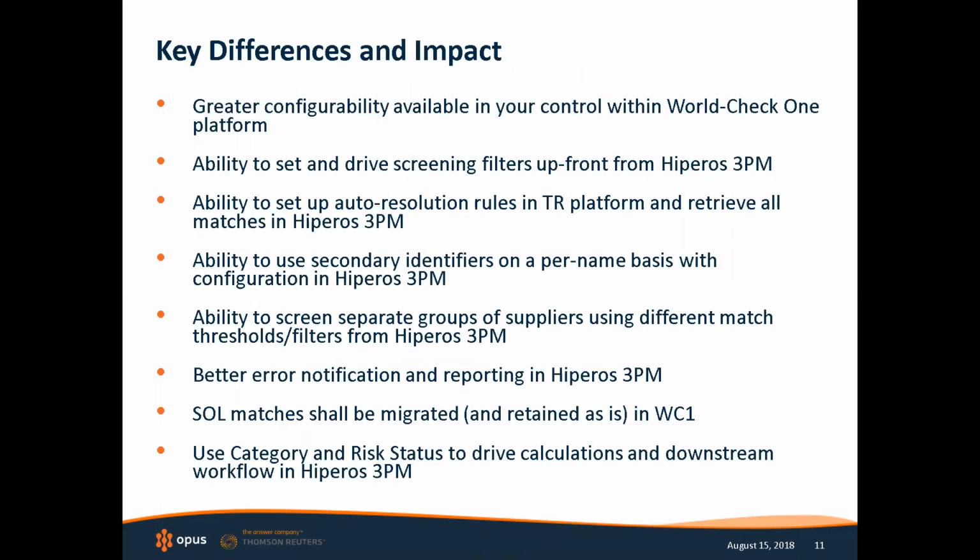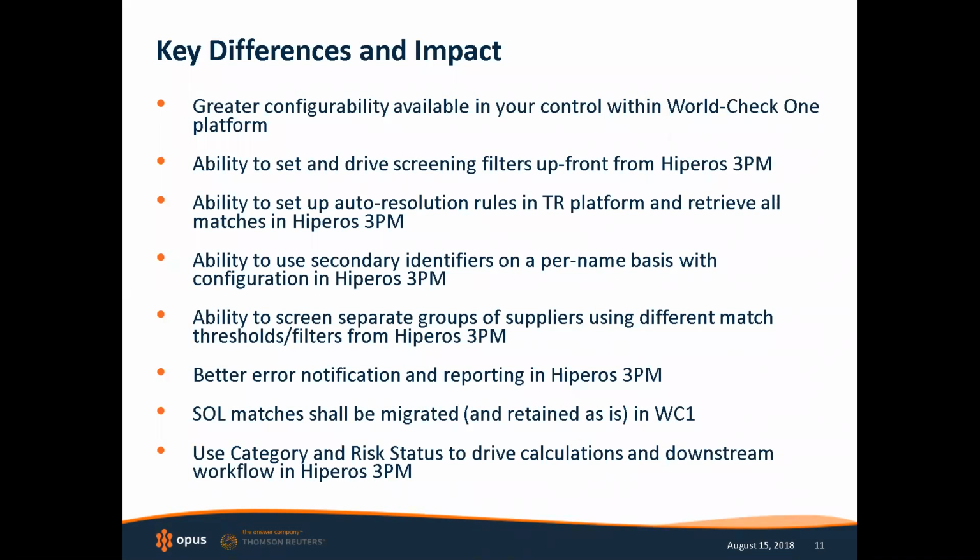The other thing that's going to be better in the new integration is error notification and reporting. One of the challenges that we are aware of, and have taken pains to address, is that when we encounter an issue during the integration, either there is a high load on the API and it drops connection, or there is an error during screening, it was difficult to locate what the error was and be notified when it happened.